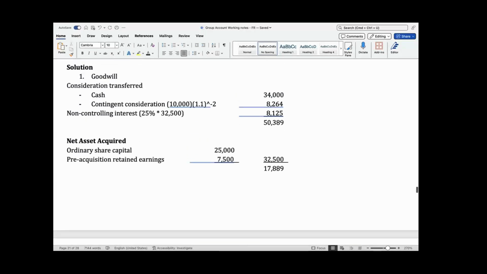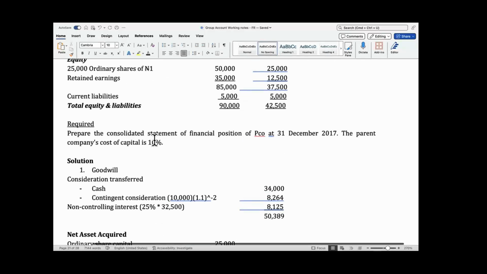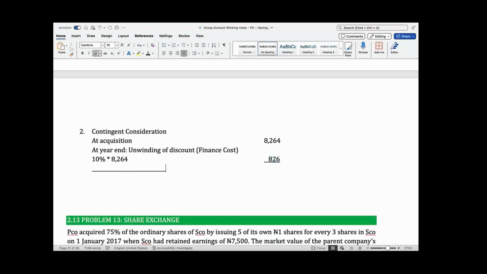So at the end of the year, December, what's the cost of capital? 10% times the opening value, which is 8,264. That gives us, let me just approximate, 826. So at the end of the year, the value will have gone up to how much? 9,090.